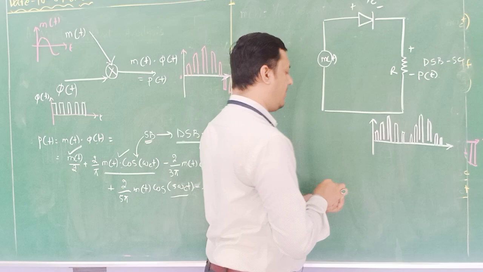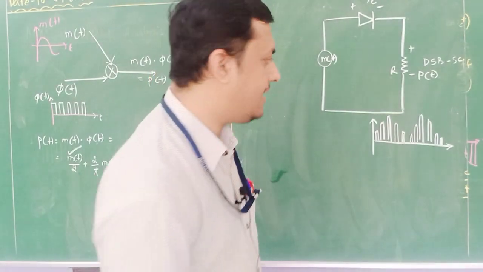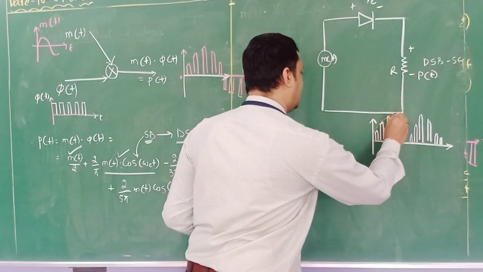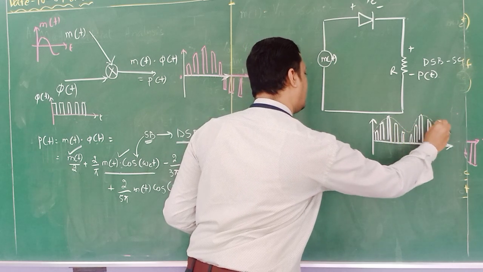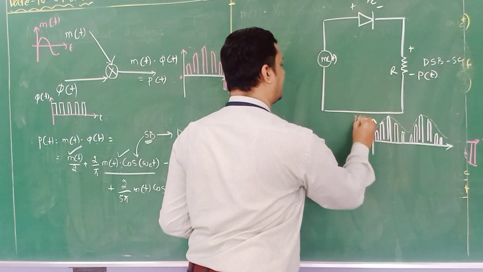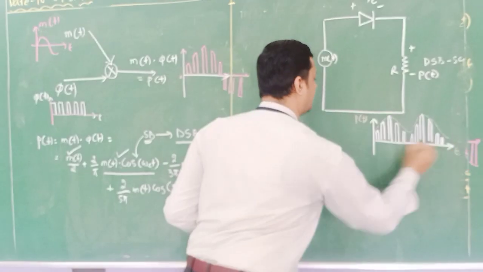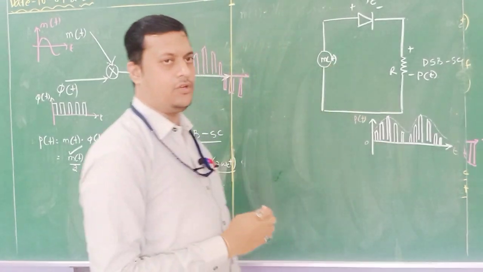So this is only the positive half. Why only the positive half? Because here the diode is used for the switching condition.